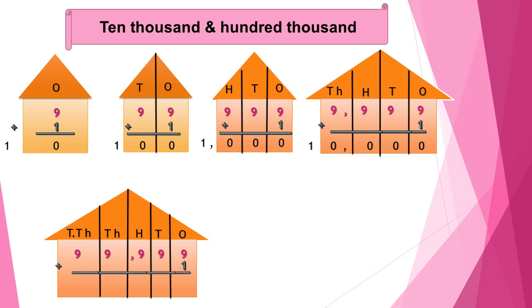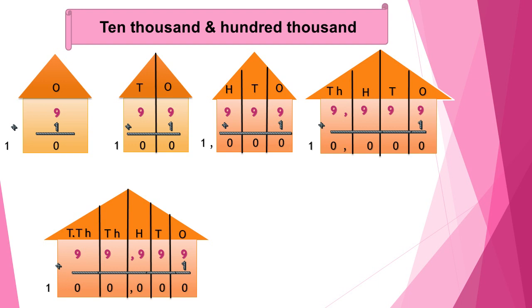If we add 1, it becomes 100,000. Then our home became very small. It's a 6-digit number, so we need another home.